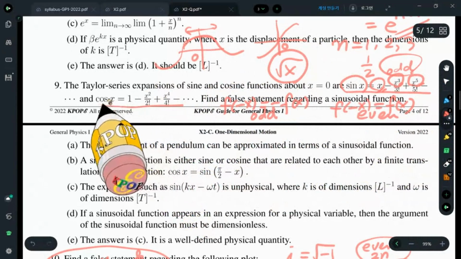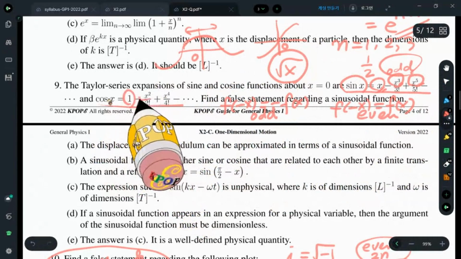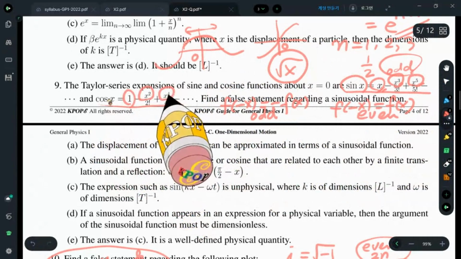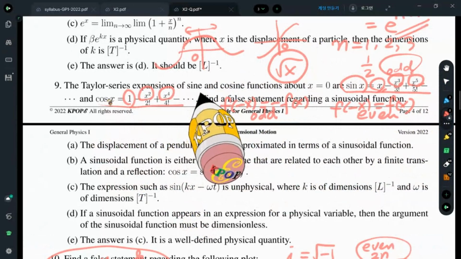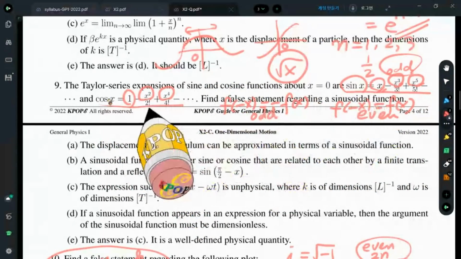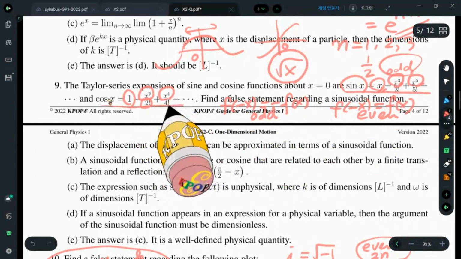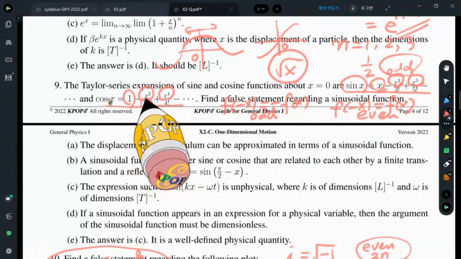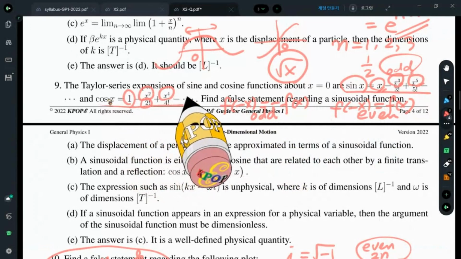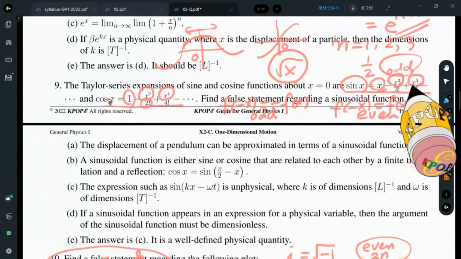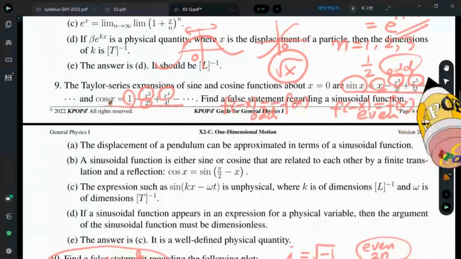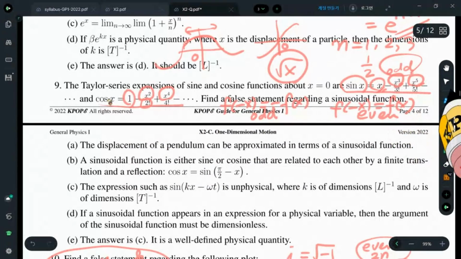The Taylor series expansion of cosine has only even powers, 2, 4, 6, 8, and so on. And the denominator is very simple: 2 factorial, 4 factorial. You just flip the sign, plus minus, plus minus. Here, 1, 3, 5, 3 factorial, 5 factorial, 7 factorial, and so on. Trivial.